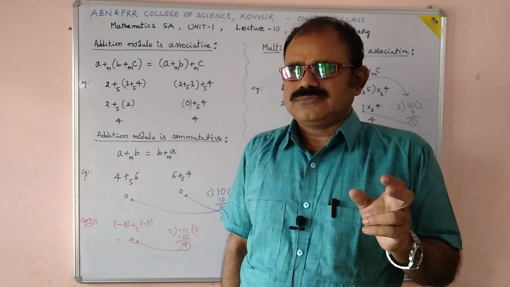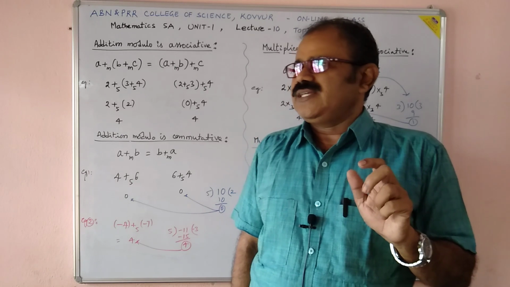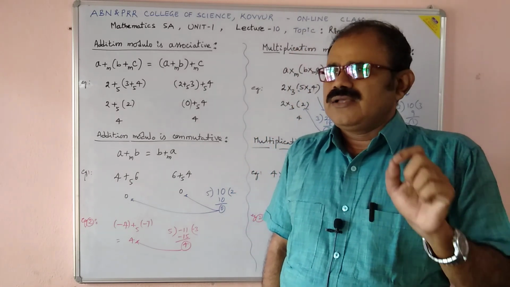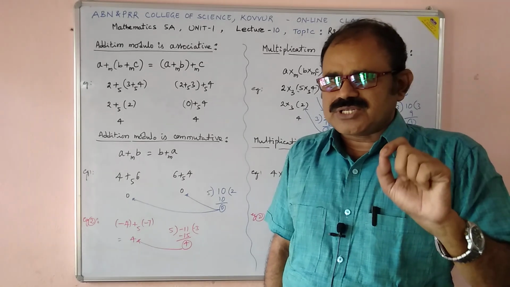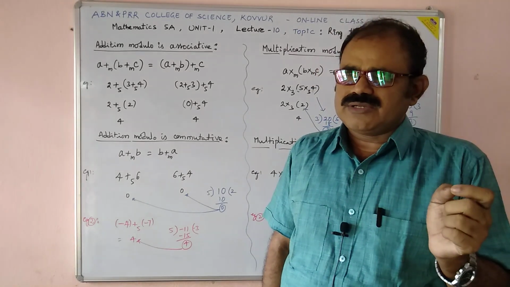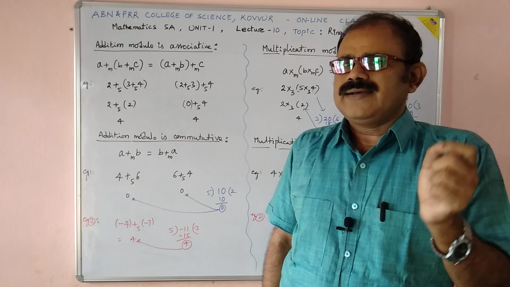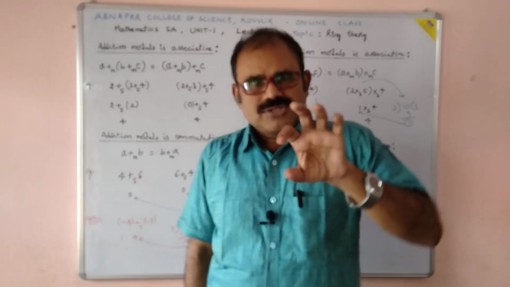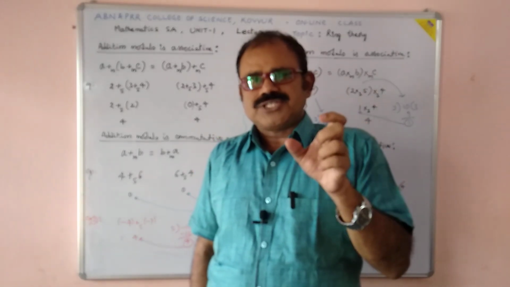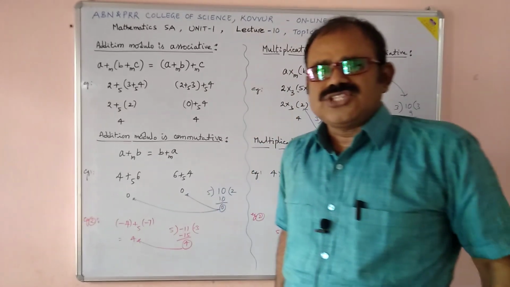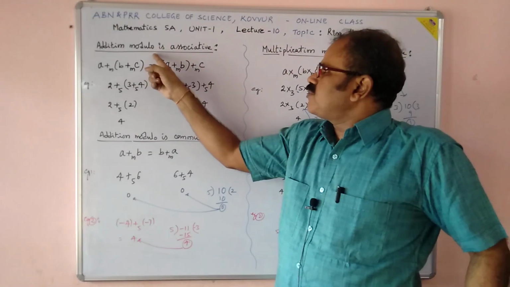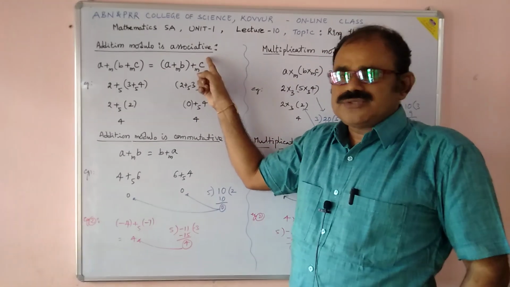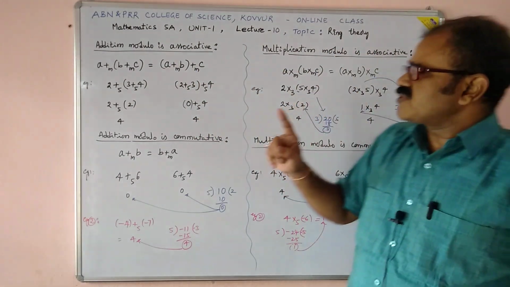Let us verify whether the associative law is satisfied, and the commutative laws with respect to addition modulo and multiplication modulo. Let us see in this lecture. Addition modulo is associative. Similarly, multiplication modulo is also associative.